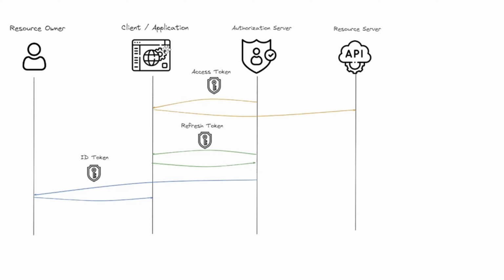The authorization server for our purposes is login.microsoftonline.com. That is the server that's responsible for validating credentials and issuing tokens. And lastly, there's the resource server, which is the actual API that you're trying to hit to obtain some sort of resource, whether that be your chat message, your email, your picture, etc.